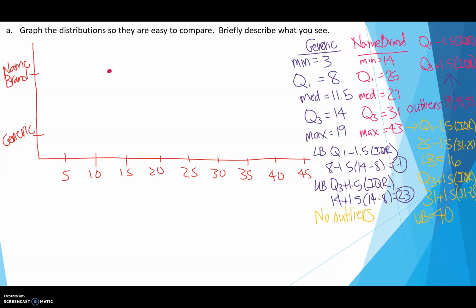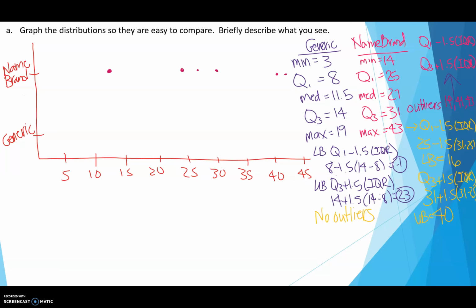So there's close to 14. And then here's 41 and 43 right out there. Okay, so I am gonna draw in my Q1, which is right there at 25. I'm gonna draw in the median at 27, and then I'm gonna draw in the third quartile at 31.